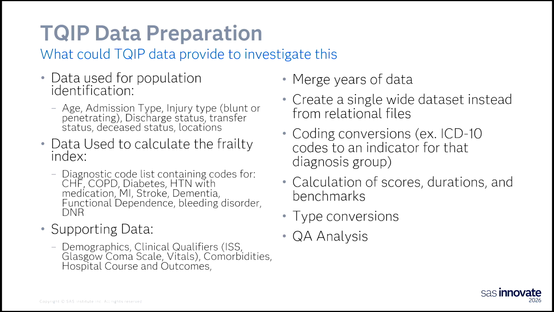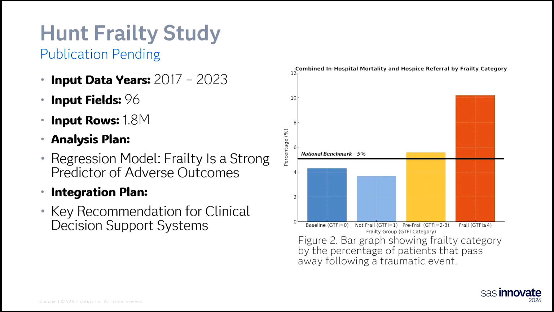Again, I can't show you the actual results, but what I can show you is just a first glance at the things that we're seeing. Just from this graphic, you can see this really large bar here. These are people we couldn't save.